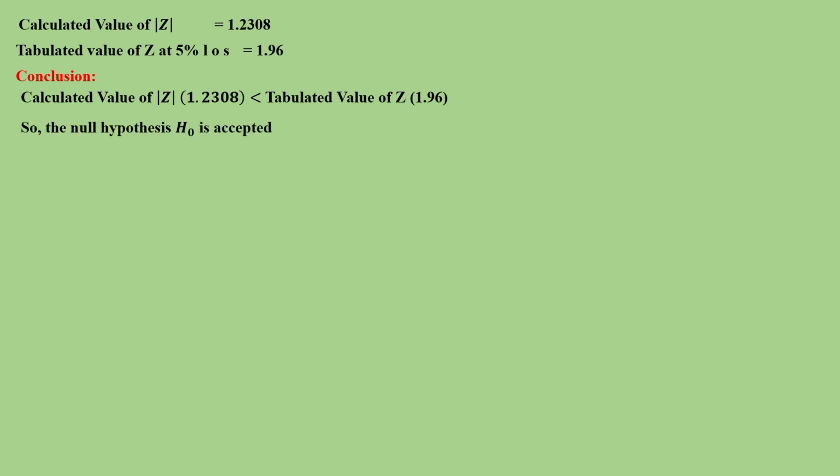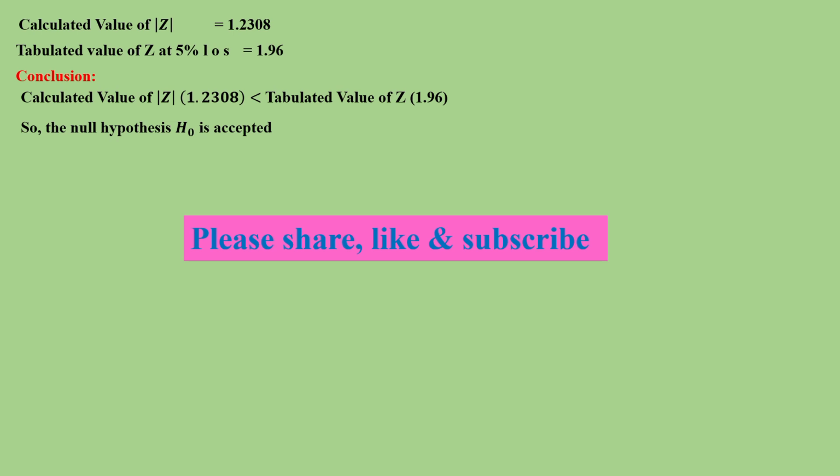That means the sample of 400 persons is taken from the large population with the given mean. So there is no significant difference between the sample and the population.